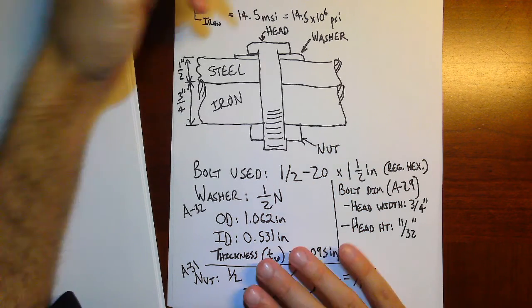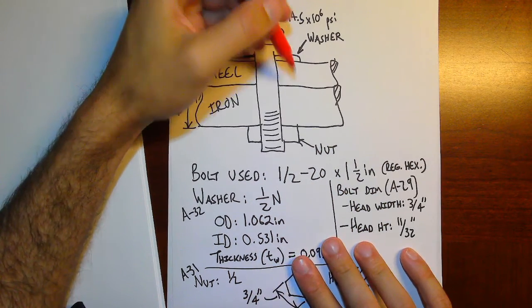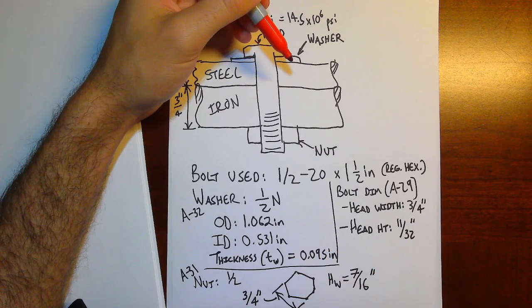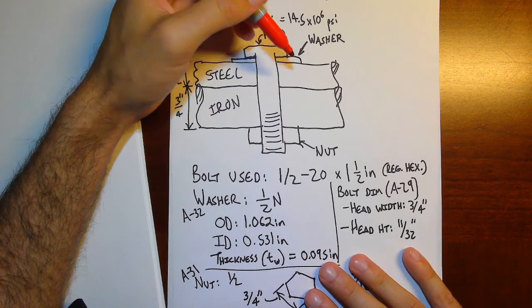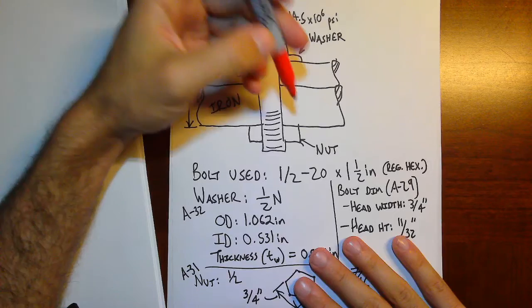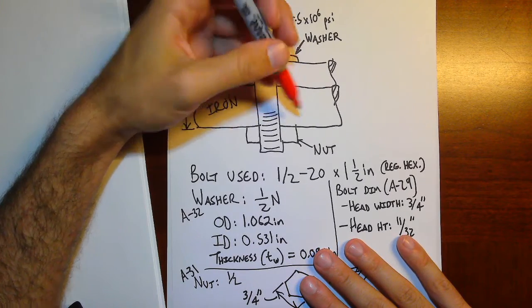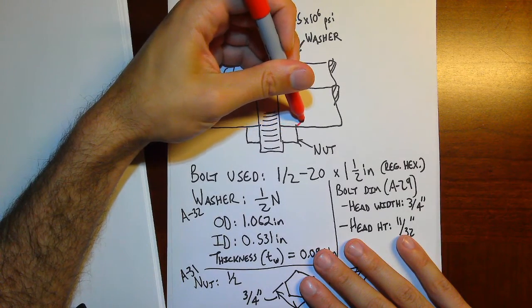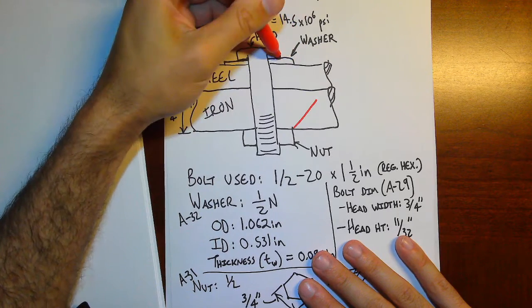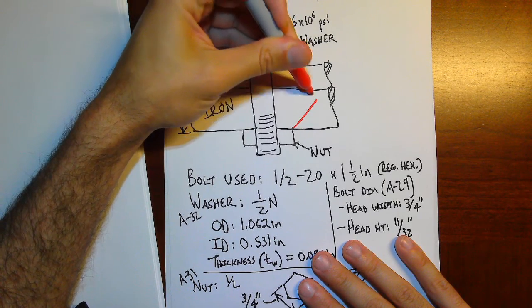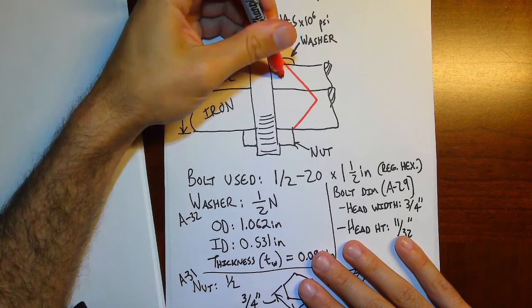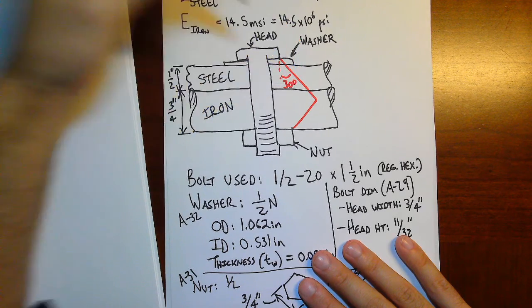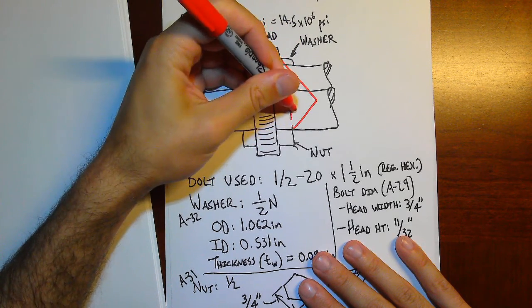we model the stress distribution in the grip as this pair of cones that go out from where the compressive load's being applied. So we have some compressive load from the nut and from the head, comes out at a 30-degree angle from each side.